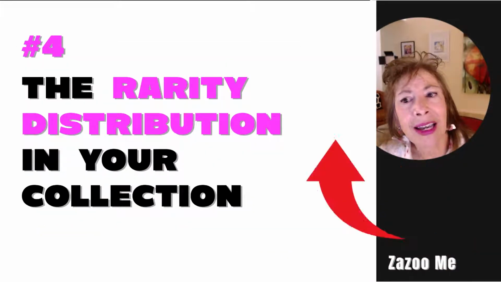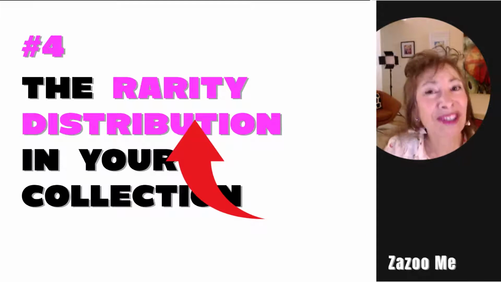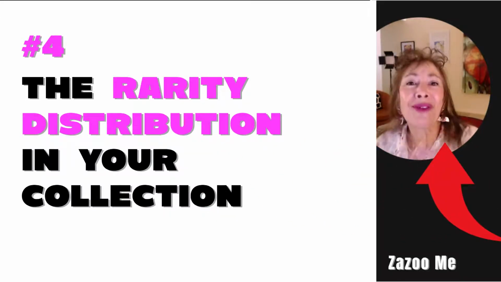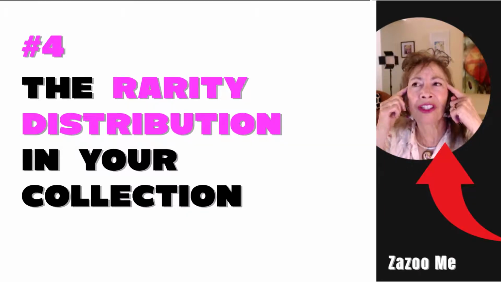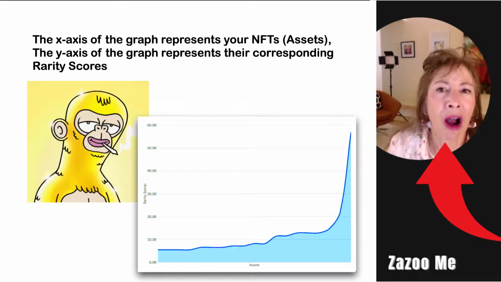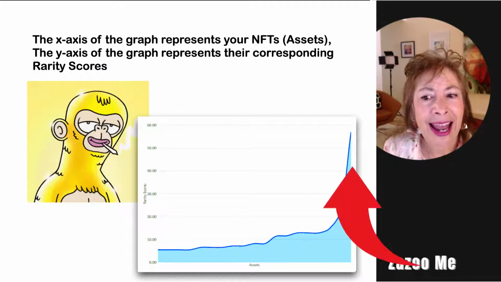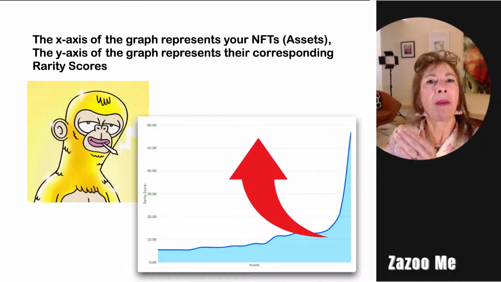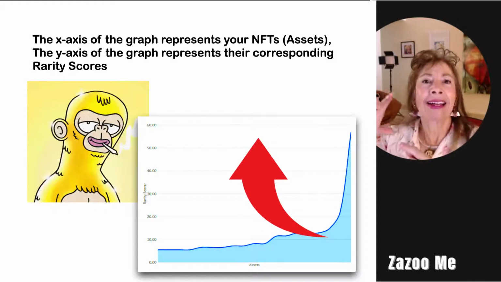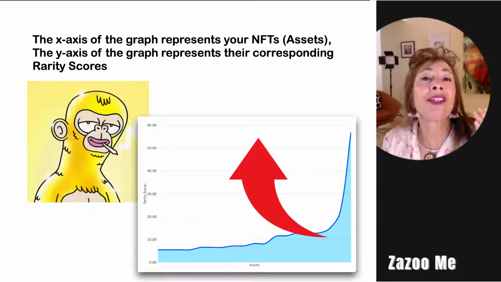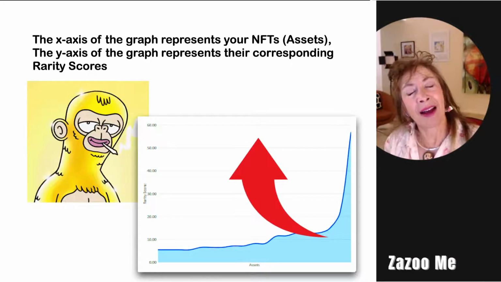And then finally, what is the rarity distribution in your collection? And this is also so important for you to understand, because it isn't just the number of rare NFTs, it's also how many of them come on your rank as perhaps only 2 out of 10,000, only 25 out of 10,000.